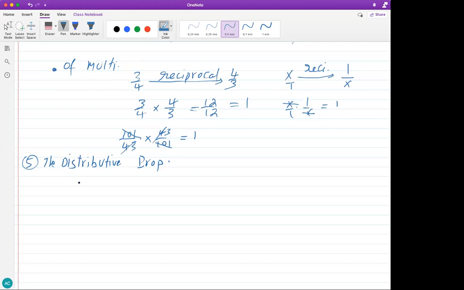This pretty much means when you have, let's say, 3 times (4x plus 6). So it's 3 multiplied in parentheses. What would this be equal to if we multiply it?